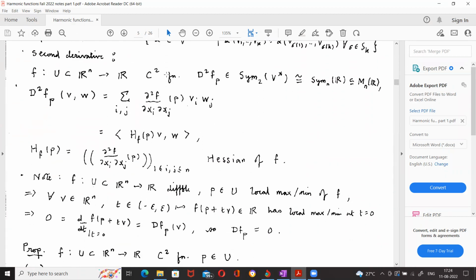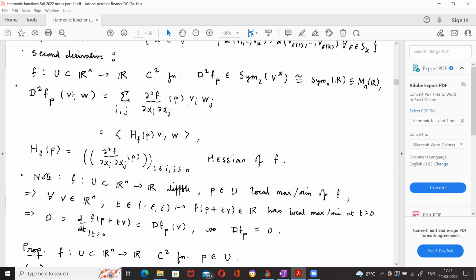So if f is a C2 function, then we know that the second derivative is a symmetric bilinear form. We know it can be identified with a symmetric matrix. So this space Sym2 V star, the symmetric bilinear functions on V, where V is Rn, is isomorphic to symmetric matrices.